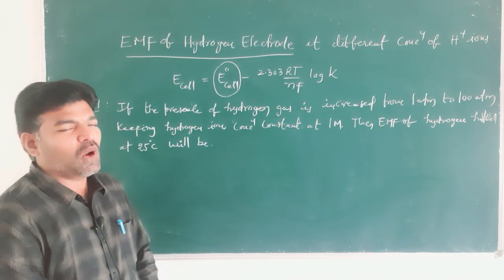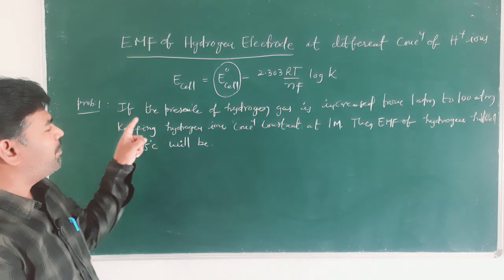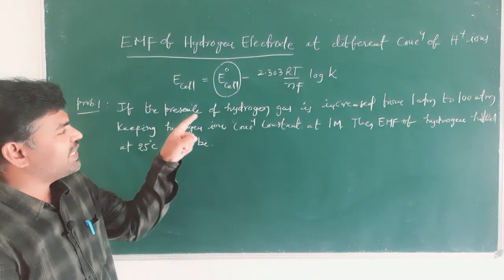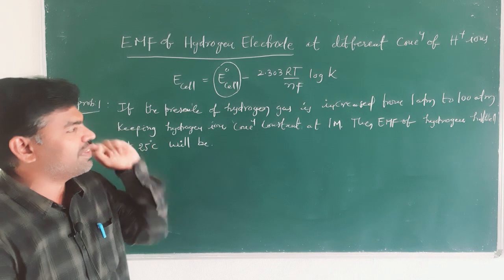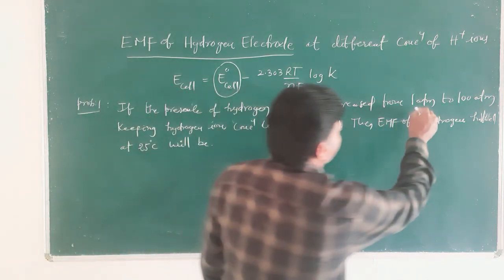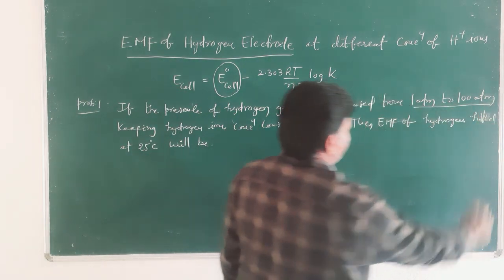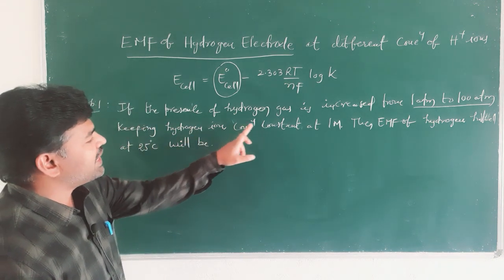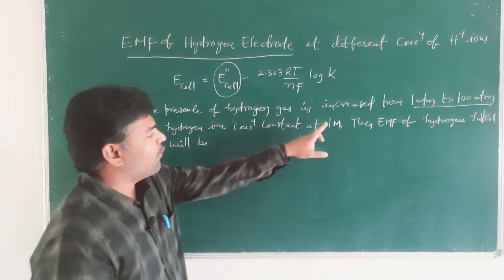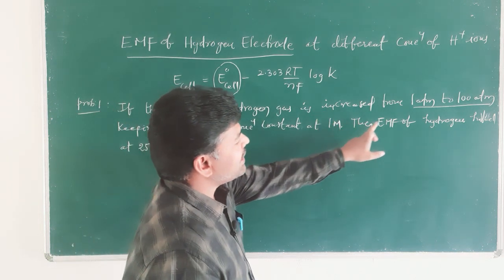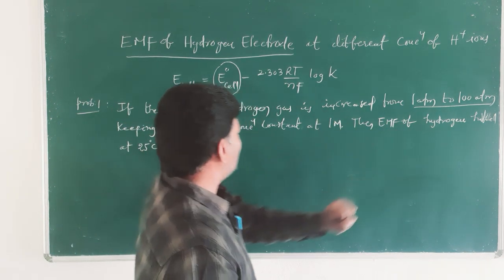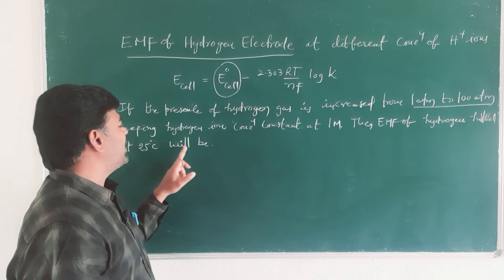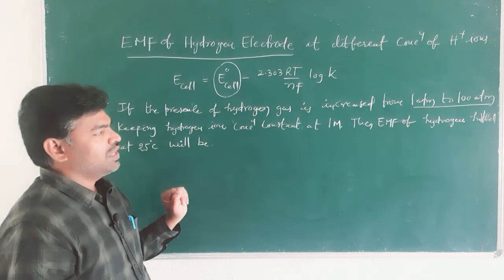The problem is: if the pressure of hydrogen gas is increased from 1 atmosphere to 100 atmosphere, keeping the hydrogen ion concentration constant at 1 molar, then the EMF of the hydrogen half cell at 25 degrees centigrade will be, right.